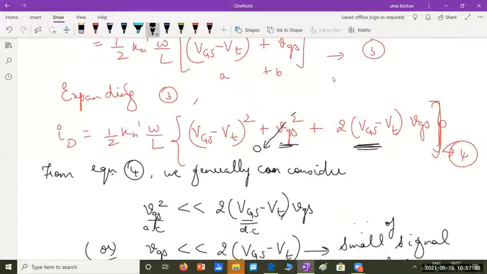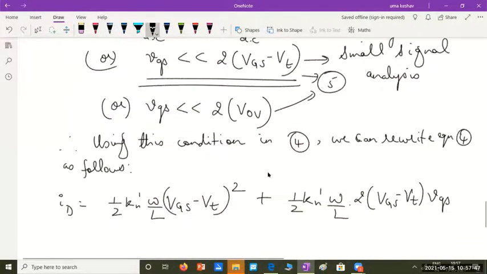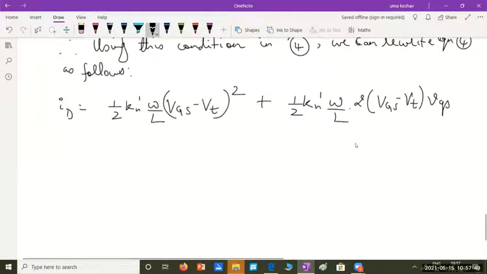Small signal analysis. Please remember that. Since we are considering small signal analysis, you can eliminate the second term in comparison with the third, and multiplying the term outside with the term inside, I have just rewritten equation 4. Okay.